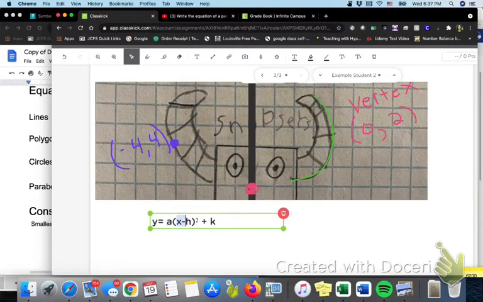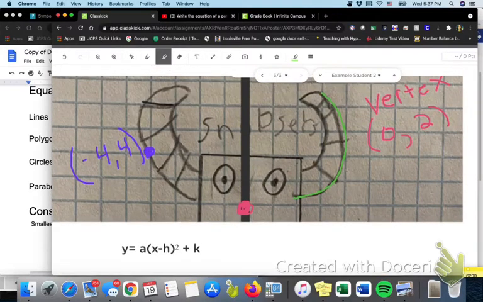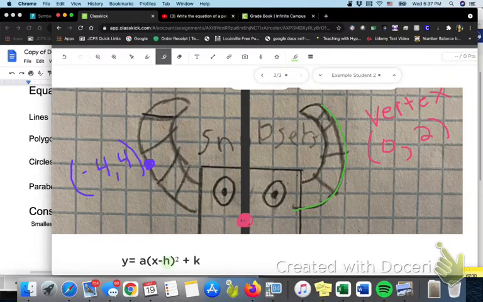x minus is just part of the formula, but the h is going to be a piece of information that we have from our graph because h represents the x-coordinate of the vertex and k represents the y-coordinate of the vertex.